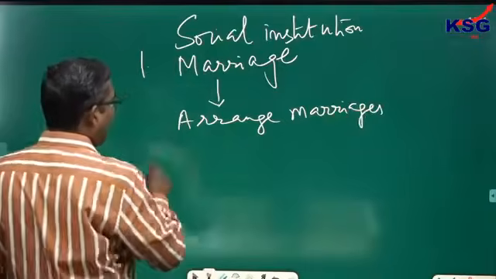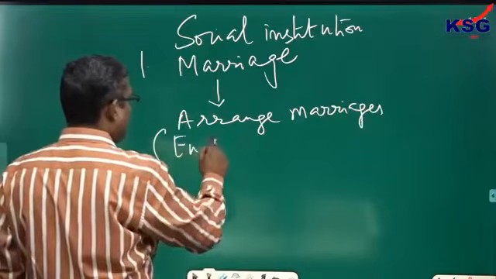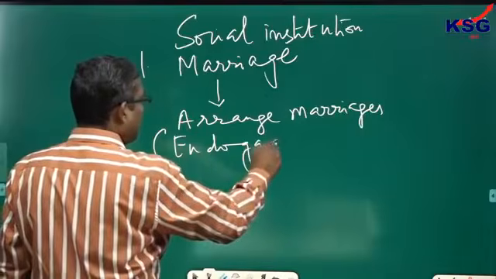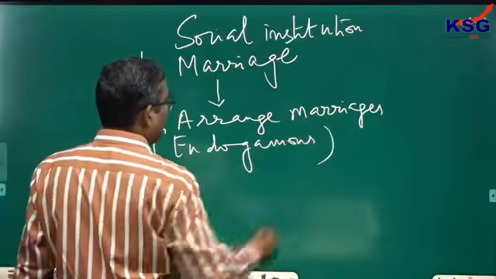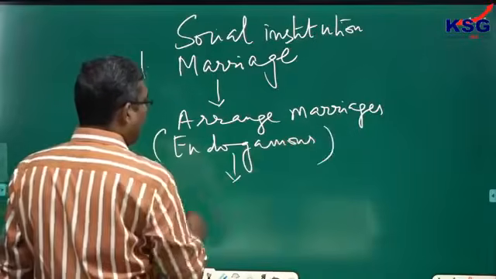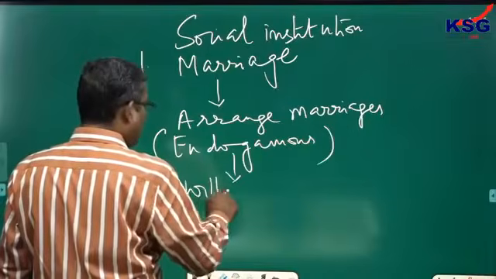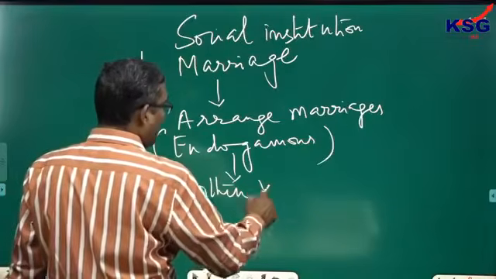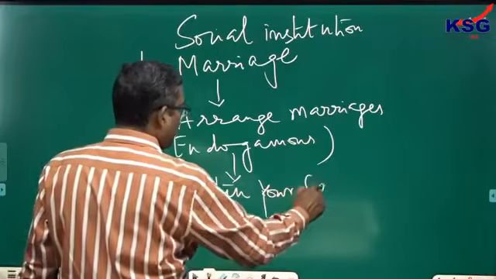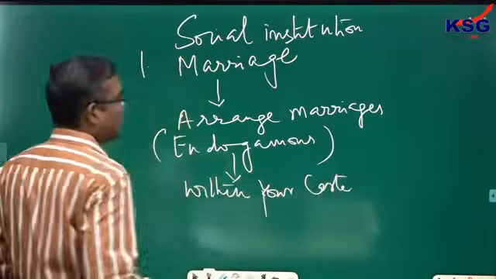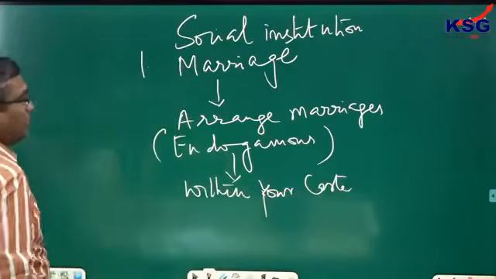When I am saying arranged marriage, it implies endogamous marriage. What does endogamous imply? When you are marrying within your caste, right?